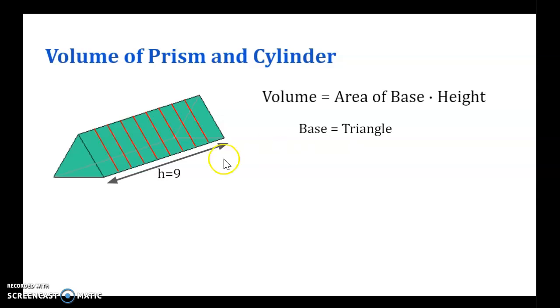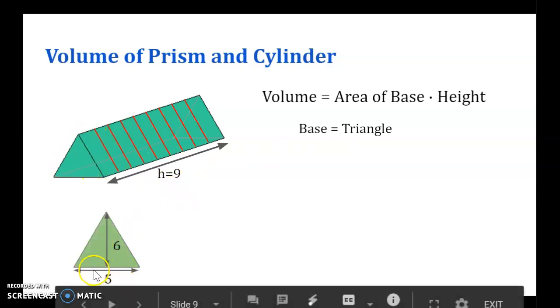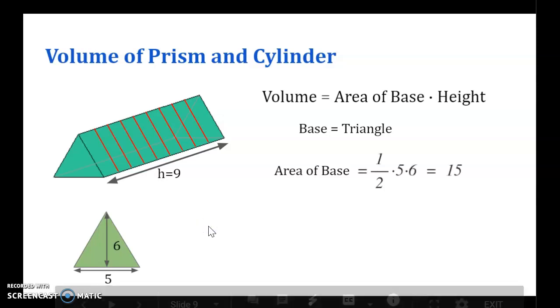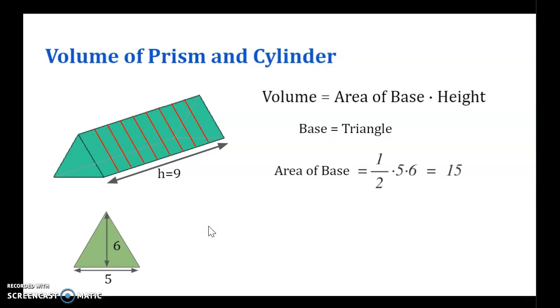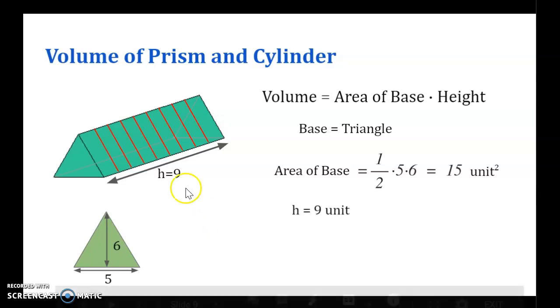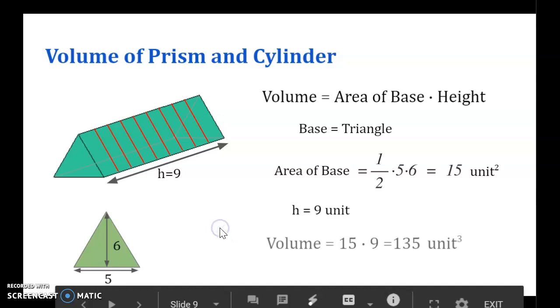If you have this dimension 6 times 5 as a triangle, then the area of the base is going to be half times 5 times 6, which is 15. And we know that the height is 9 units. So we multiply the base area 15 times the height 9, which gets us to 135 unit cubed.